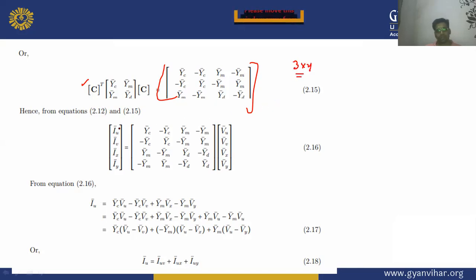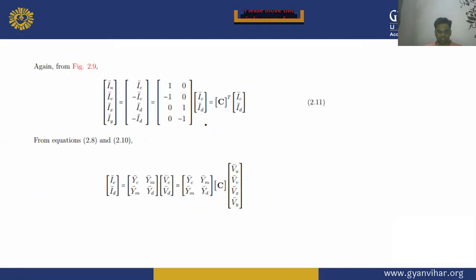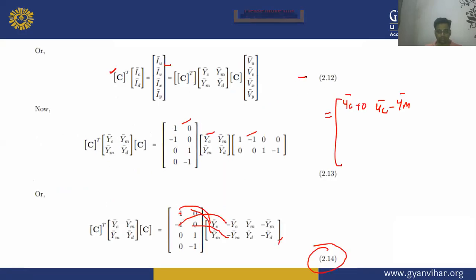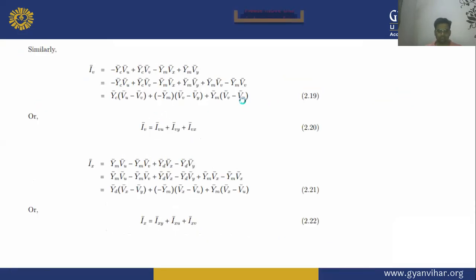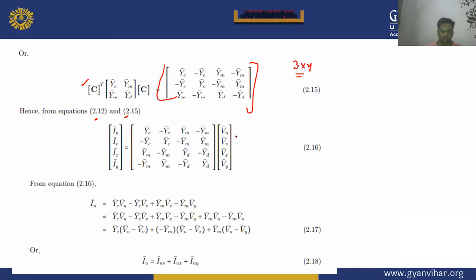Now from equations 2.12 and 2.15, we can write that this is equal to this current matrix, the matrix which I was discussing about. From this 2.12, I can rewrite this complete equation this way: that is IU, IV, IX, and IY.